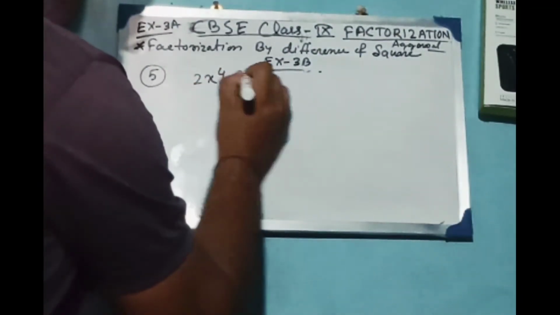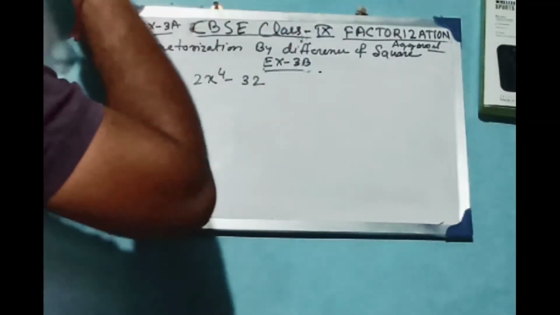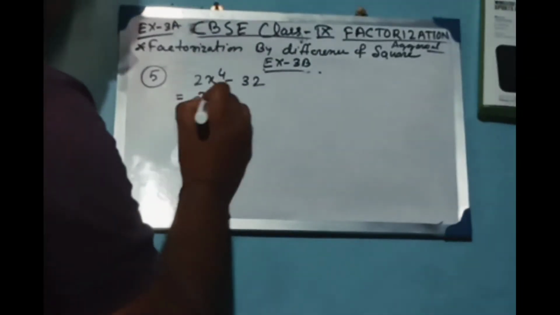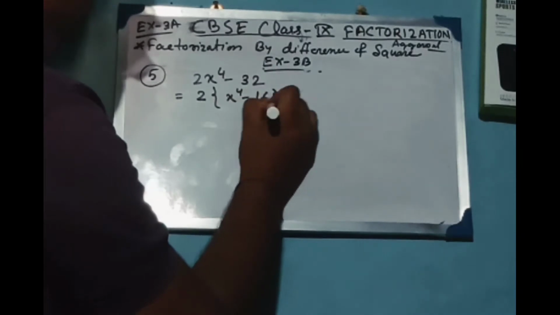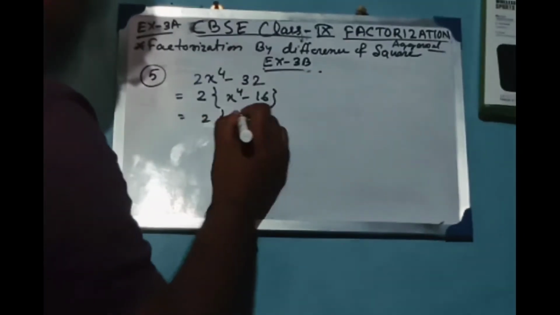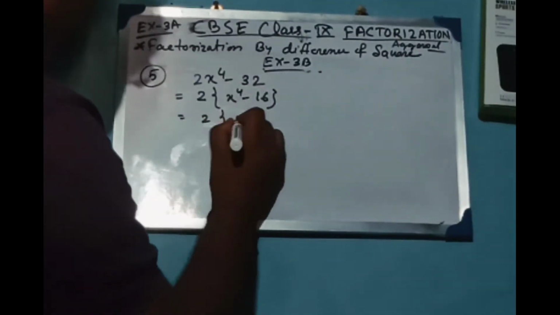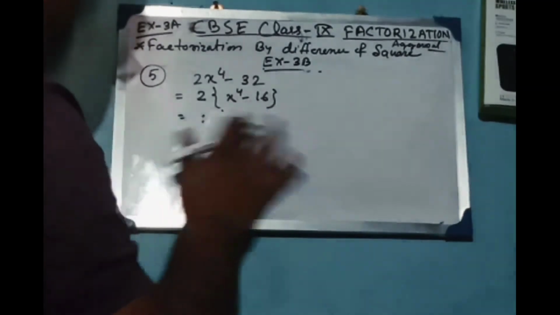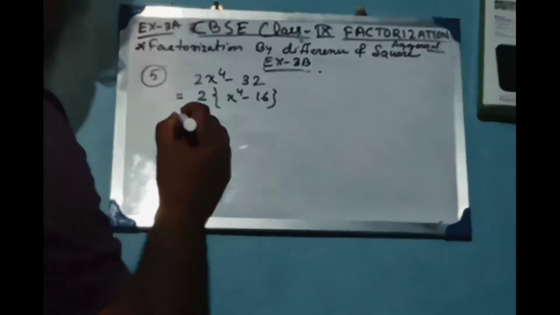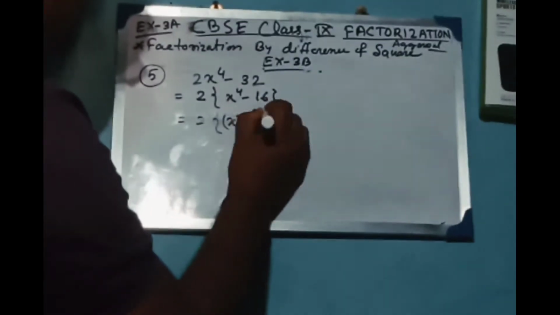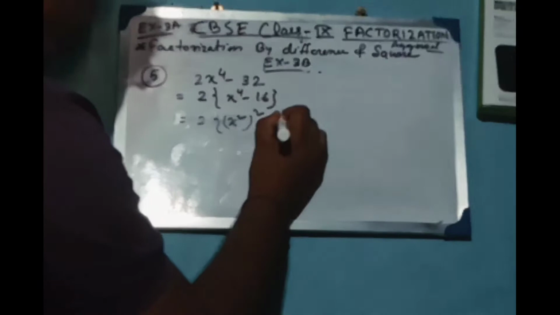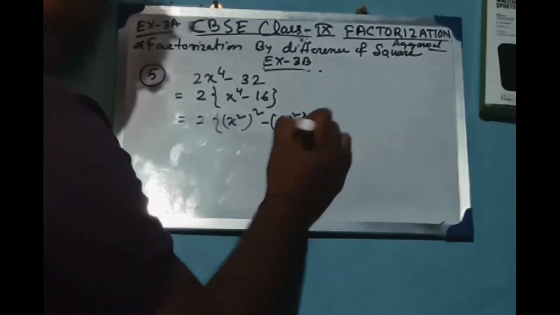Question number 5: it is given that 2x to the power 4 minus 32. We have to factorize it. We take 2 common, that equals 2 into (x to the power 4 minus 16). This can be written as x square whole square minus 2 square whole square.